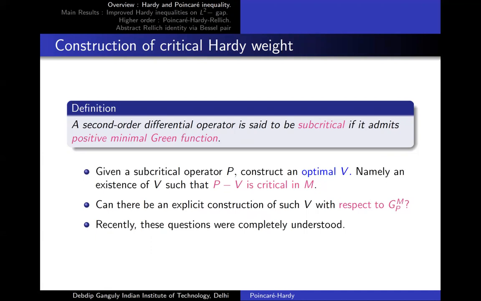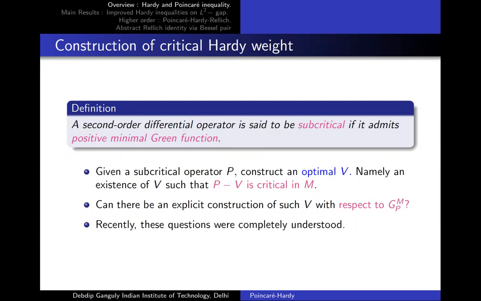So in dimension 2, the Laplacian is a critical operator. In dimension n greater than or equal to 3, the Laplacian is a subcritical operator. That is the reason we do not have any Hardy inequality in the case of the Laplacian in R^2, and that is the reason we call the Laplacian in R^2 a critical operator. But for the Laplacian in R^n, for n greater than or equal to 3, it is called a subcritical operator.